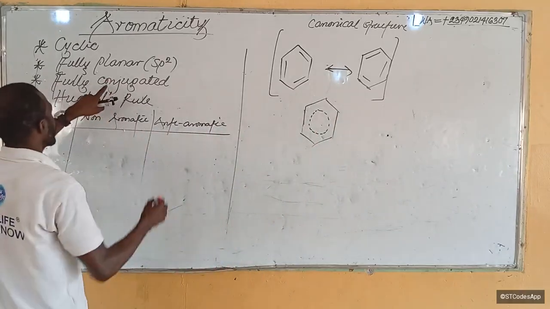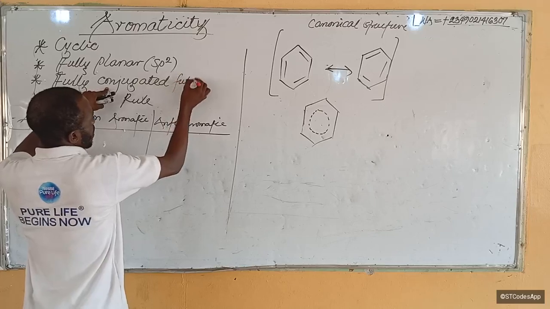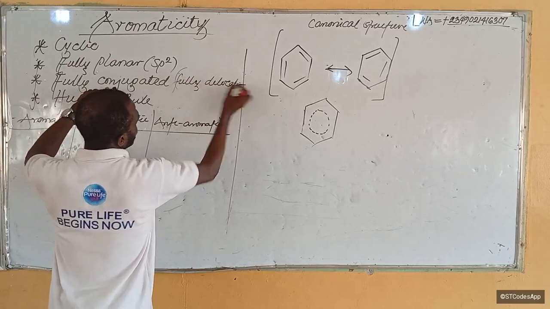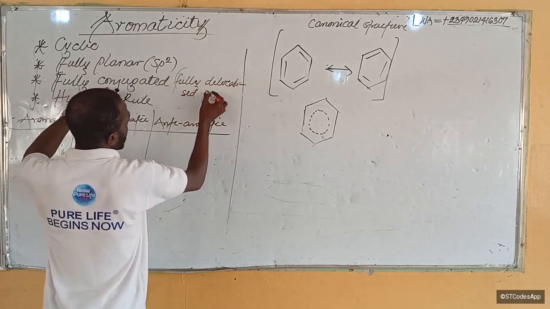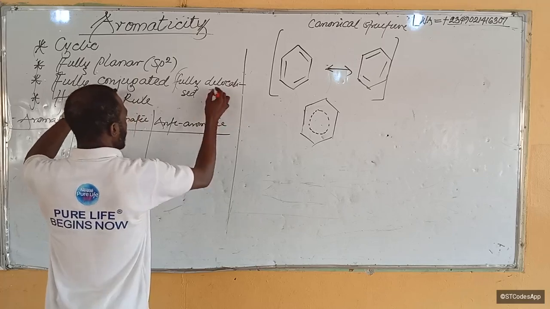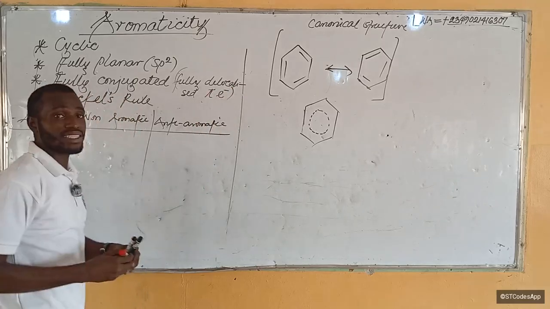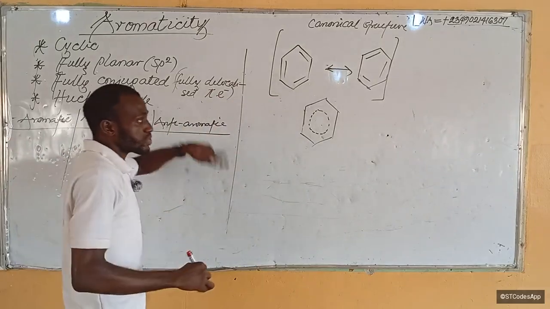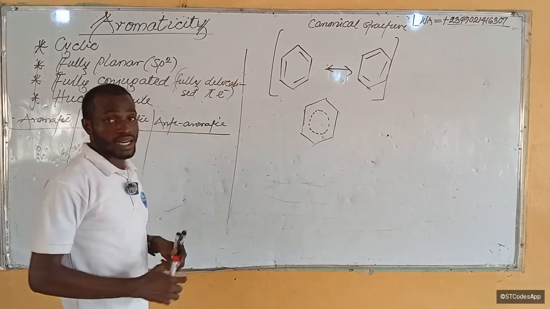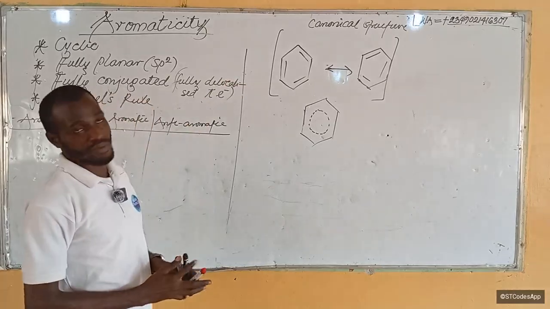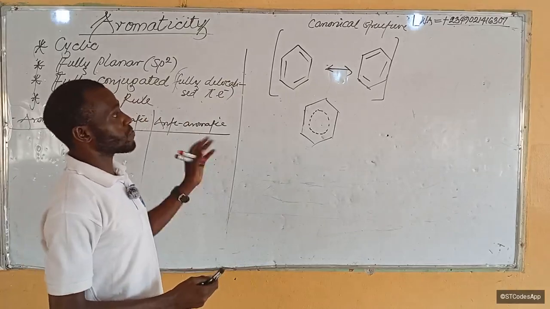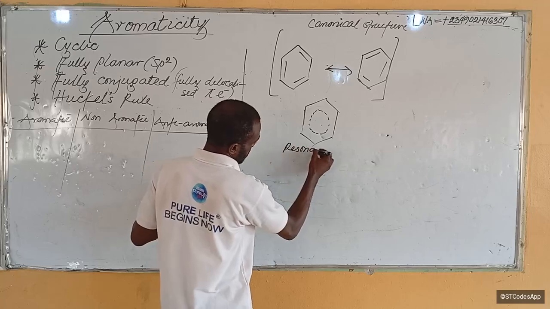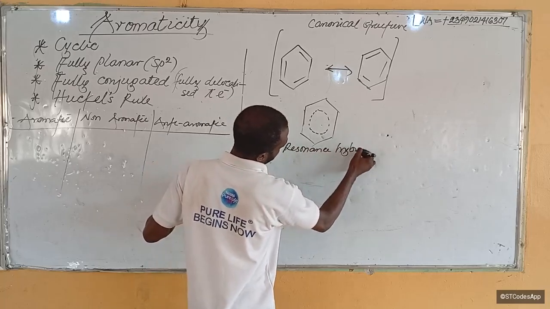So it is fully planar and fully conjugated, with fully delocalized pi electrons. If the electrons are not fully delocalized, that is, not fully spread around the molecule, then the molecule is not aromatic. Is that clear? This is the resonance hybrid that exists in reality.